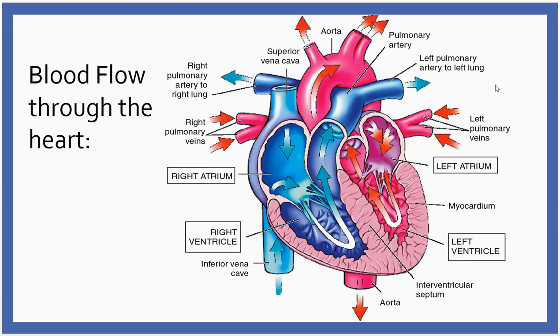We have to move blood in a forward direction. So, blood flow through the heart. If you get this, it's going to help you figure out some of the conditions that occur with the heart. So if I'm a deoxygenated red blood cell coming up through the inferior vena cava, the first chamber in the heart I'm going to hit is the right atria. From the right atria, we're going to pass through the tricuspid valve into the right ventricle.